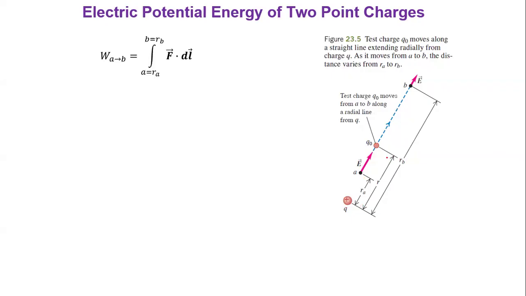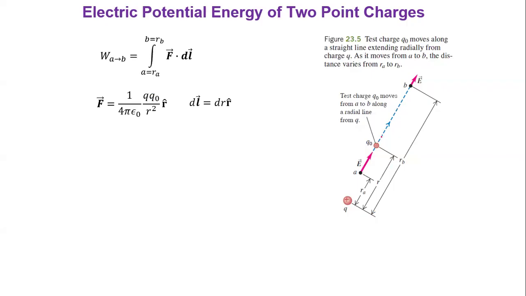From the formula, the work from A to B is just equal to the integral of F dot dl. Here dl is just equal to dr r hat, so the direction of this vector is the same as the direction of your force.